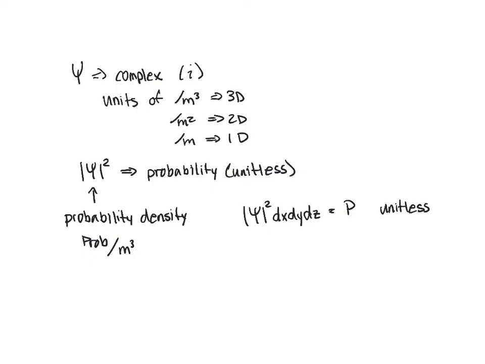Now, the other issue we have is, how do you square a complex number? To square a complex number, you have to take the complex conjugate times the number itself. So when we write psi squared, we mean the complex conjugate times the wave function.